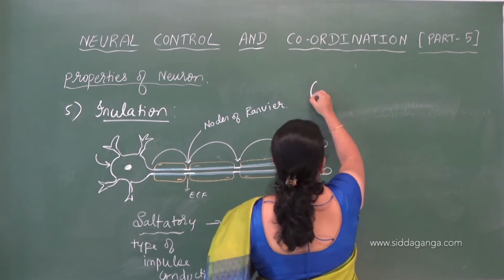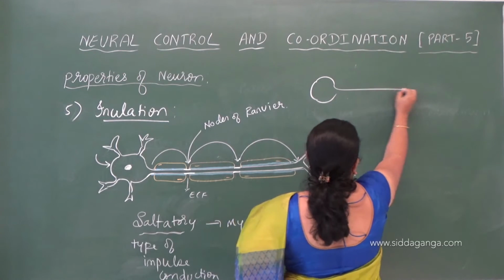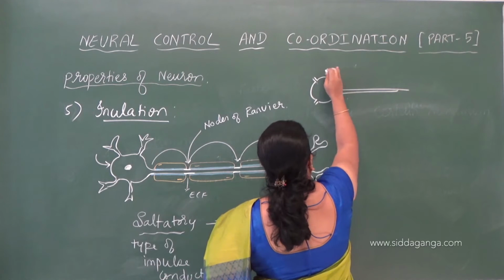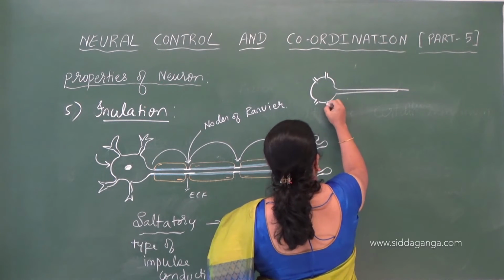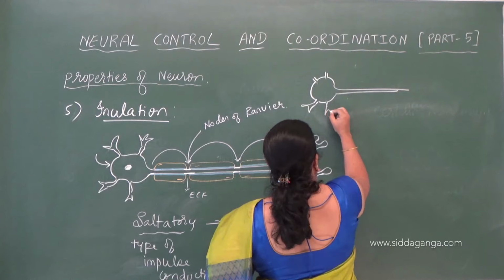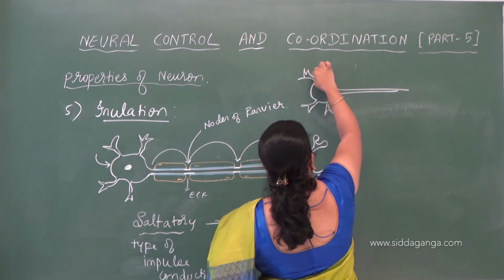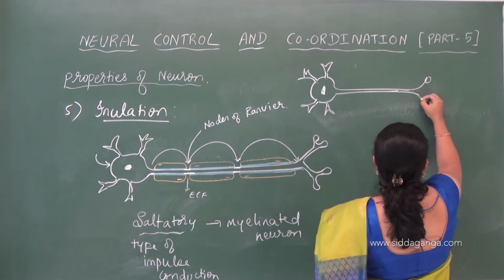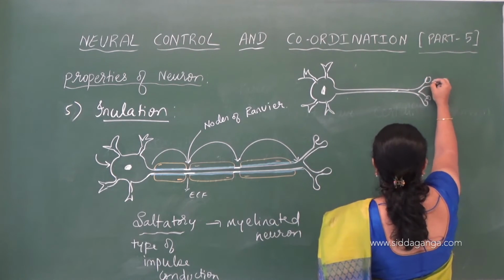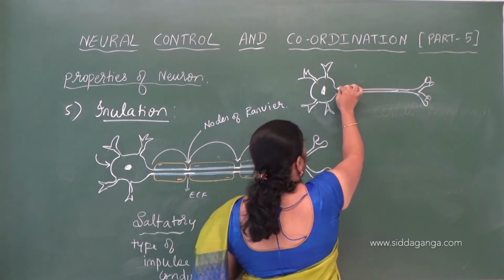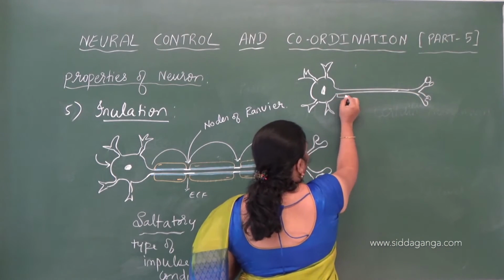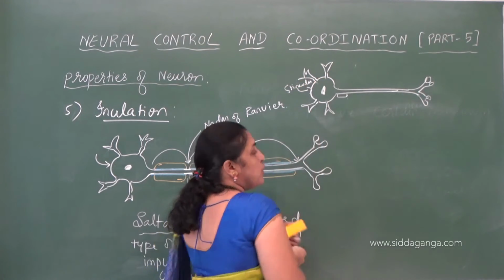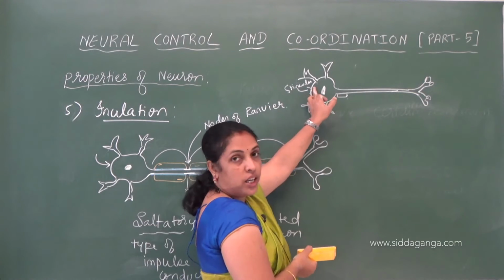Now the non-myelinated neuron. So, this is the cell body. When a stimulus is applied here, then action potential will be generated here.